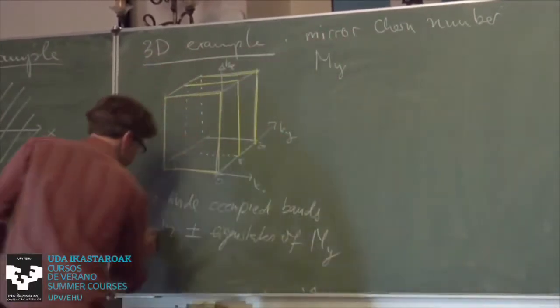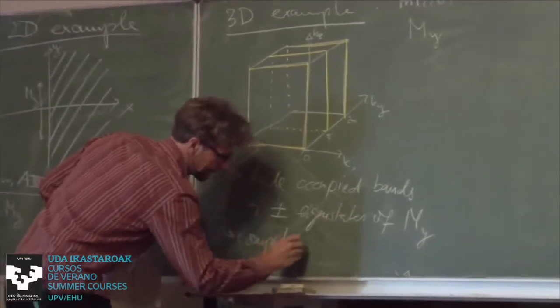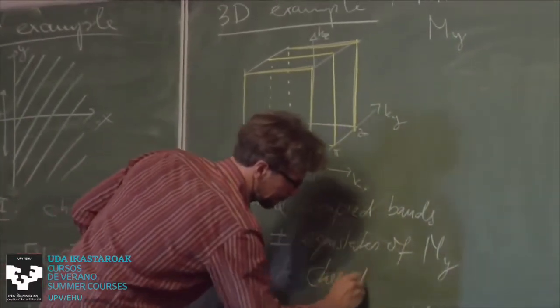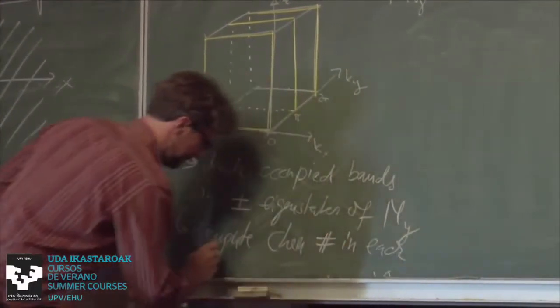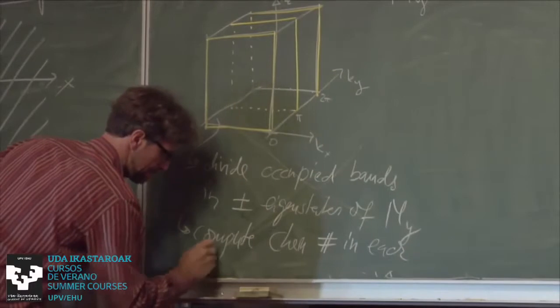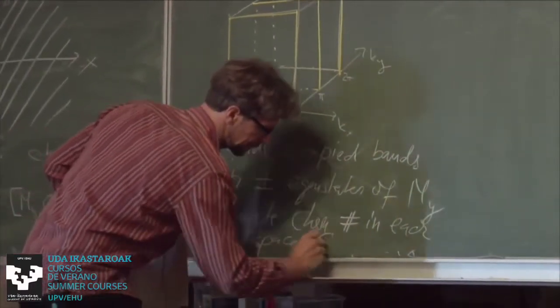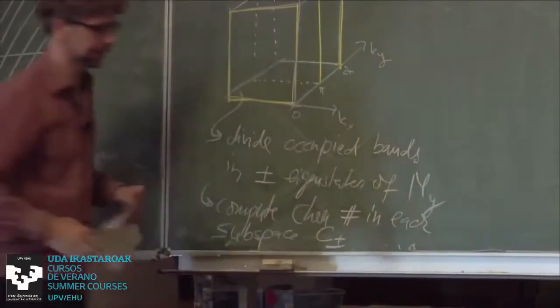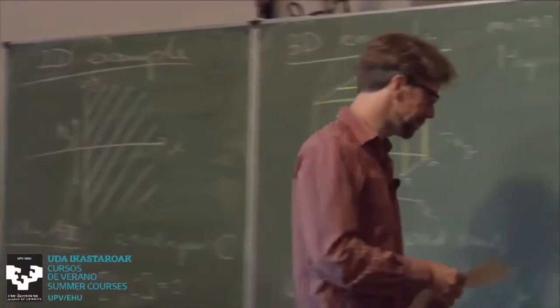I'll call them C plus and C minus. You get two Chern numbers, so two completely detached subspaces.